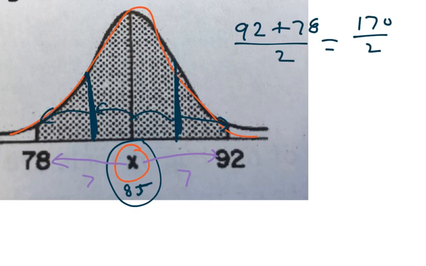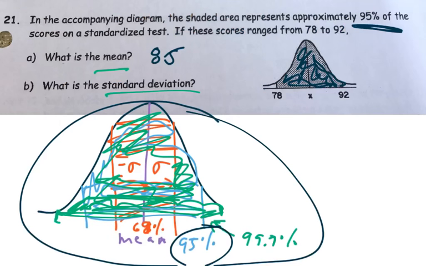In essence, all I have to do is divide 7 by 2, and I know my standard deviation is 3.5. 3.5 each jump here, right? Each standard deviation is 3.5 units. So my standard deviation, therefore, is 3.5. The mean was 85. And we are done with problem 21.